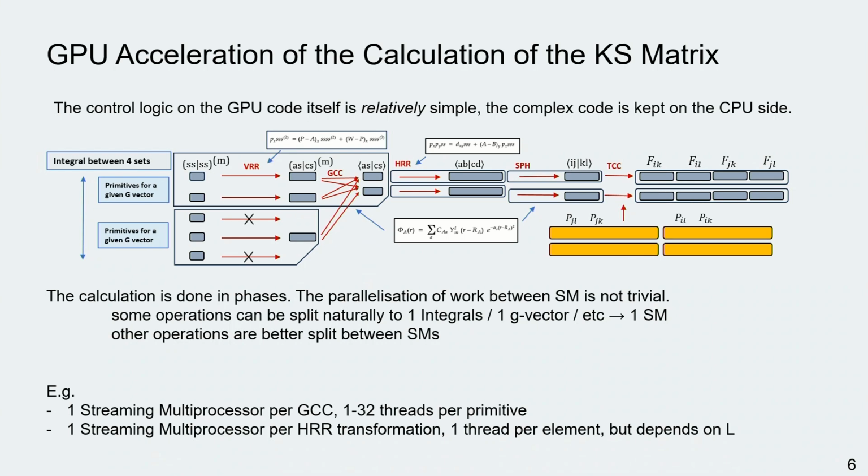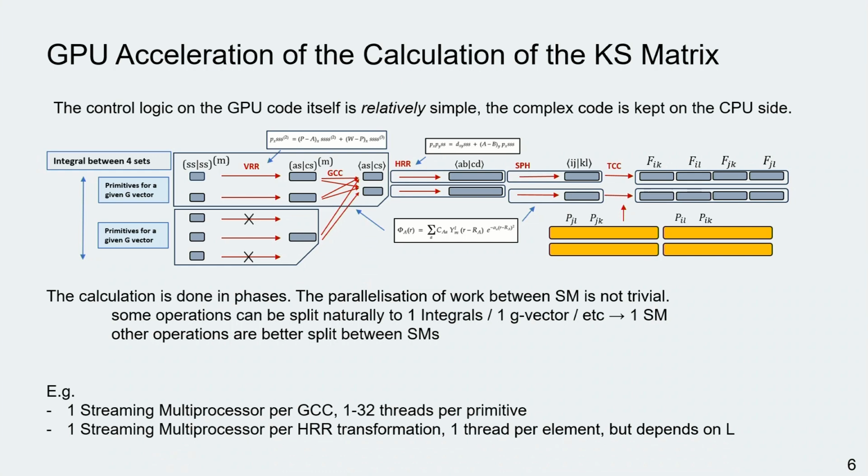The actual calculation is quite complicated. I'm not going to go through all the steps. It's essentially starting from this simple integral, moving all the way to the calculation of the full integral using the correct spherical harmonics. And then as a final step, the contraction between this integral and the density matrix to compute their contribution to the Fock matrix.